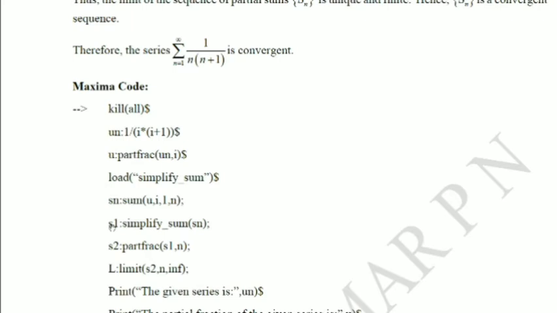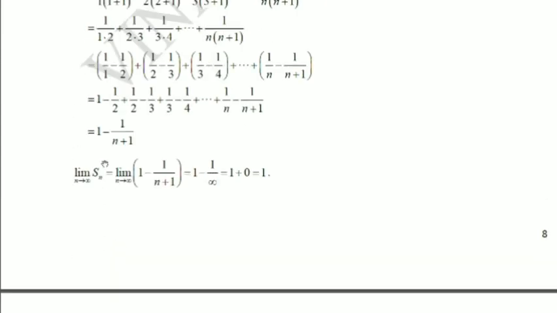And after this, again partially factorize this, and that answer is stored in S2, partfrac of S1 with respect to n. So the partially factored answer will be stored in S2. But here there is nothing to factorize.